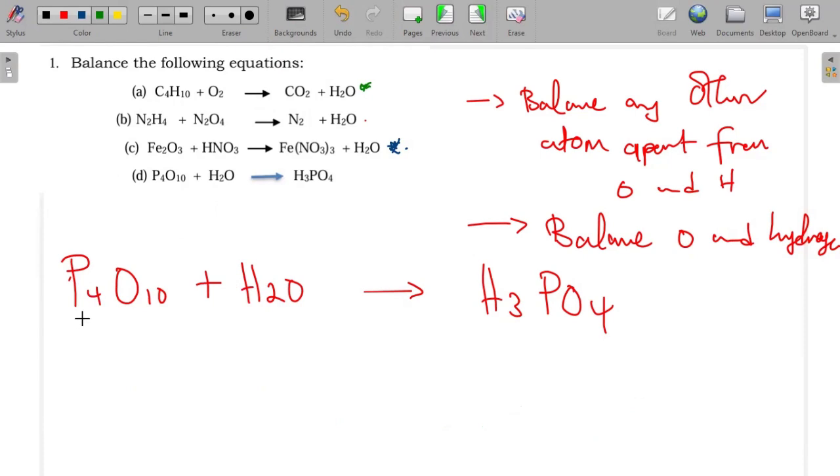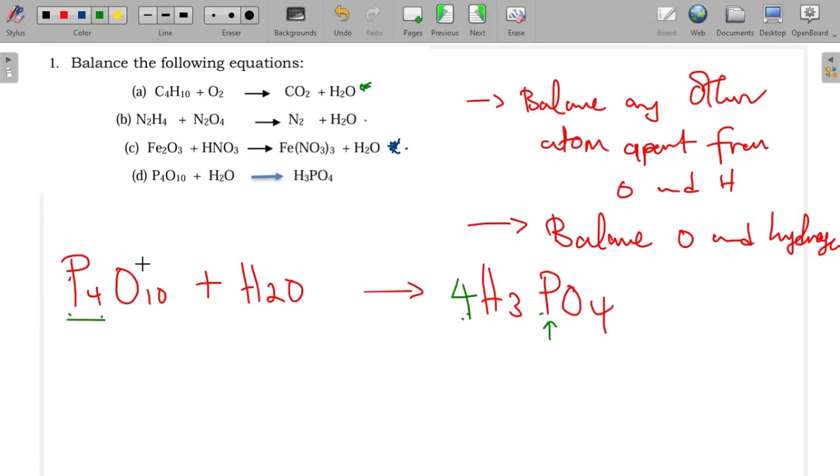Here I have 4 of the phosphorus, or 4P, and here I just have 1 of it. This 4 is on the oxygen of the P4O10, so I just have 1 of it. What do I do in order to have 4 phosphorus even on this side? I just add the 4 here. So if I add that 4, I have 4P, even here I have 4P. So the P's have balanced.